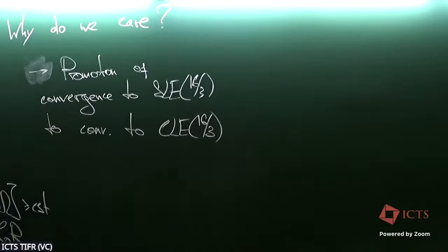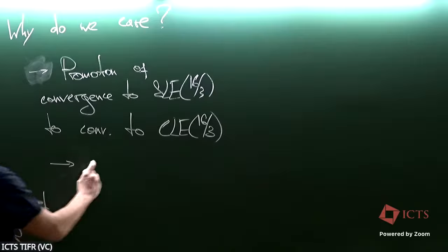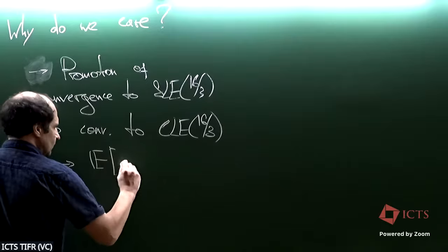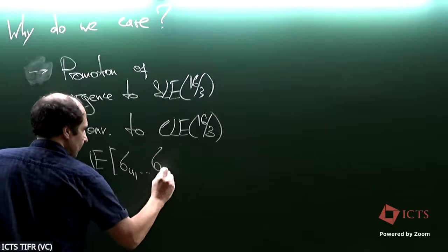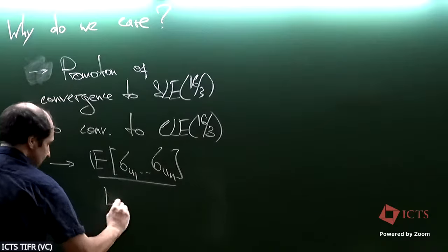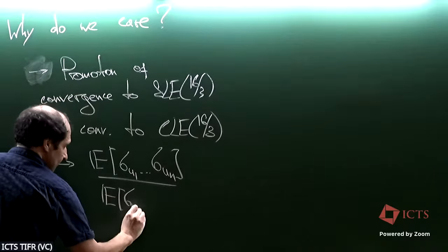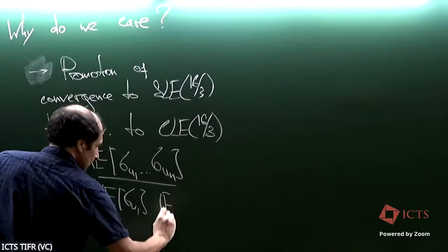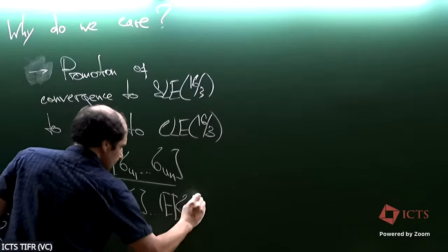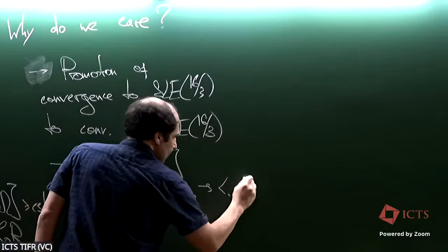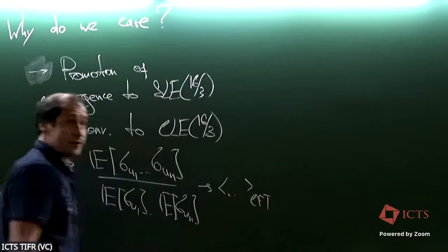And then if you already know that your interfaces converge to CLE 16/3, then you can play further if you wish. So from here, you can deduce that for the spin Ising model, quantities, spin correlations normalized by 1-arm events, also converge to CFT predictions.